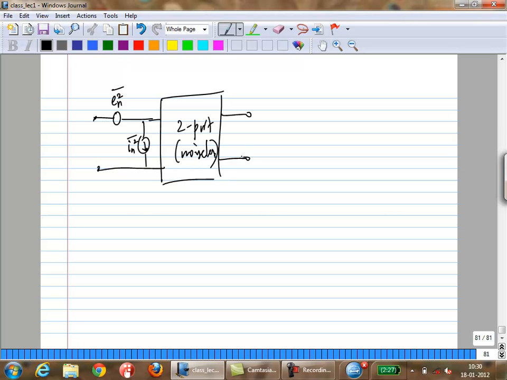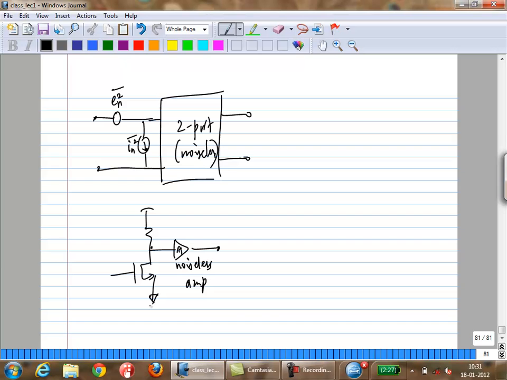Now, why do we want to do it at the input and not at the output? Because, let's take a simple example. Let's take a noisy circuit cascaded with a noiseless amplifier.